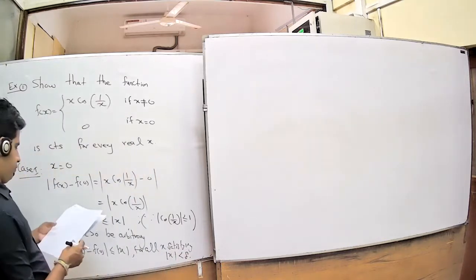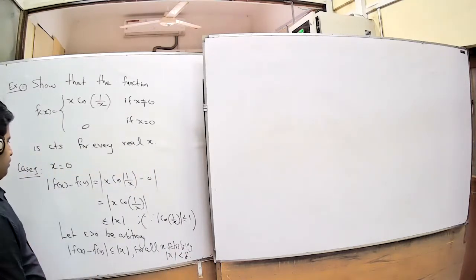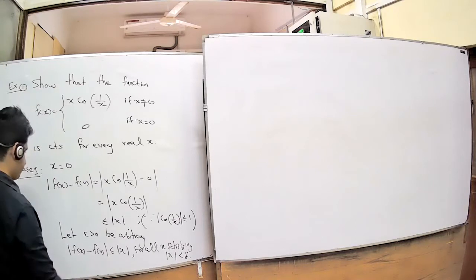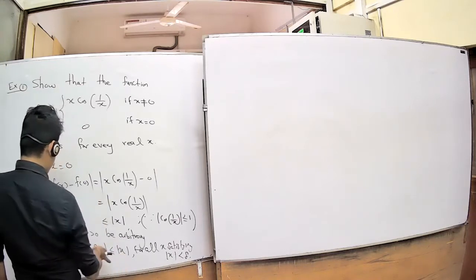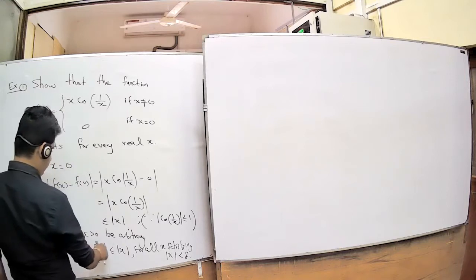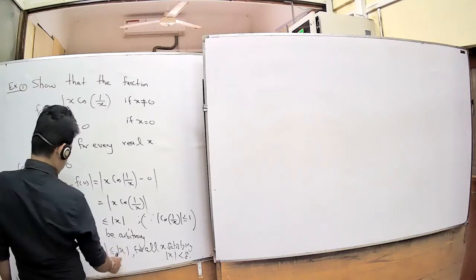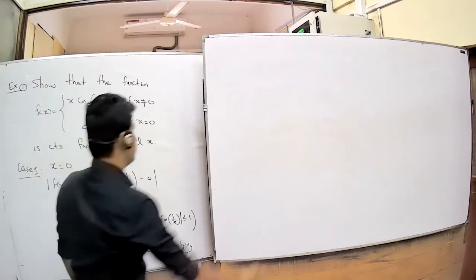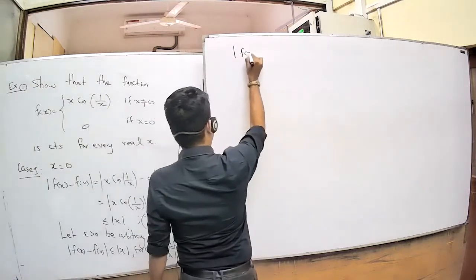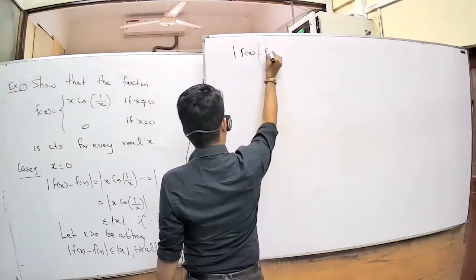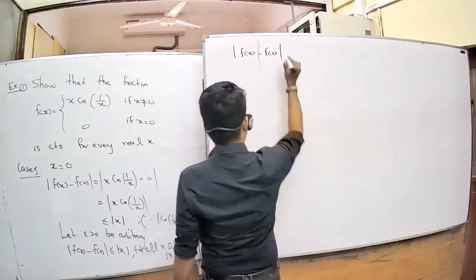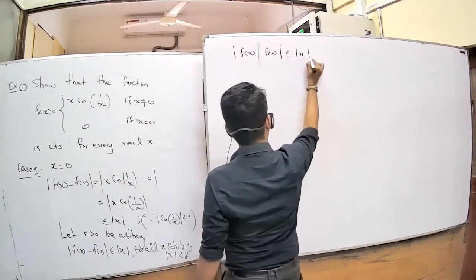Now we want to show that f of x minus f of 0 is less than epsilon. Therefore, from this step, you have modulus of f of x minus f of 0 less than or equal to modulus of x, which is less than delta.